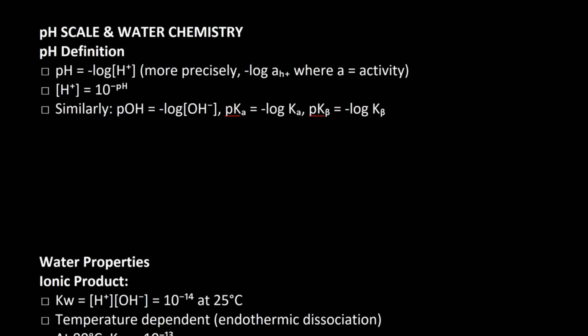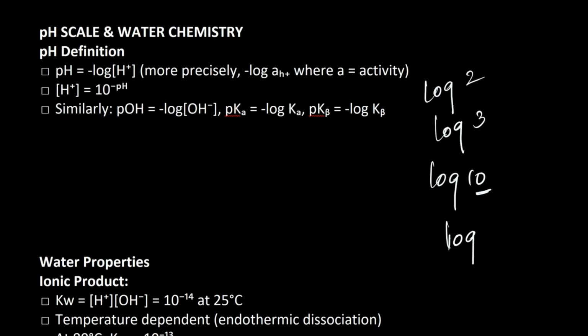Then pH. The first part is related to alpha. The second part is related to pH. So pH we know is minus logarithm of H plus. So at least know the log value of 2, log 3 and other values you know. Log 10 means 1. Log 100 means 2 zeros I have, so 2.